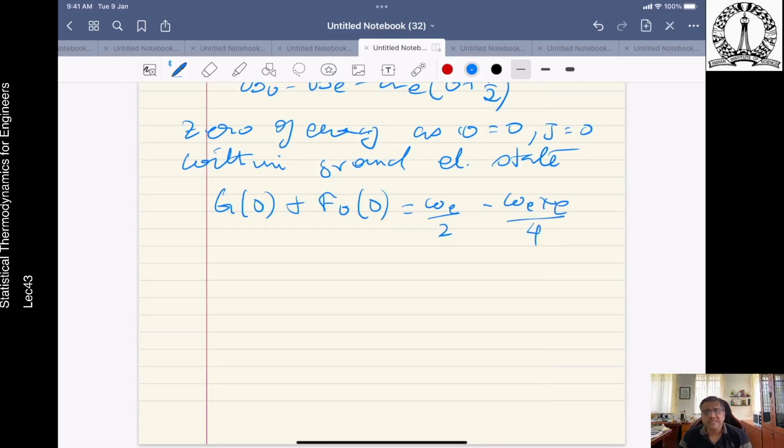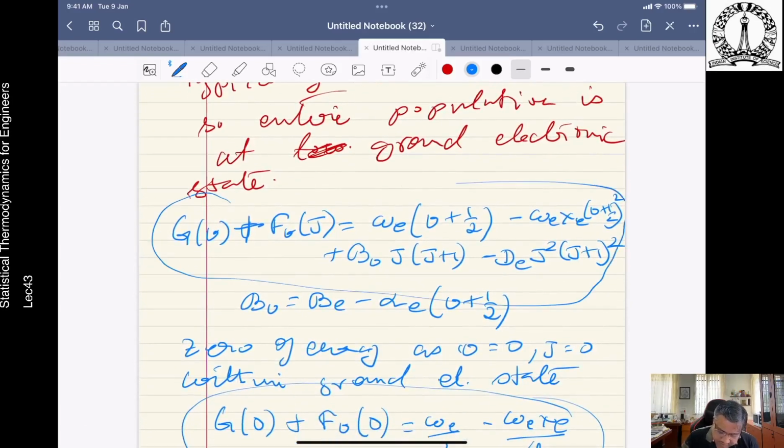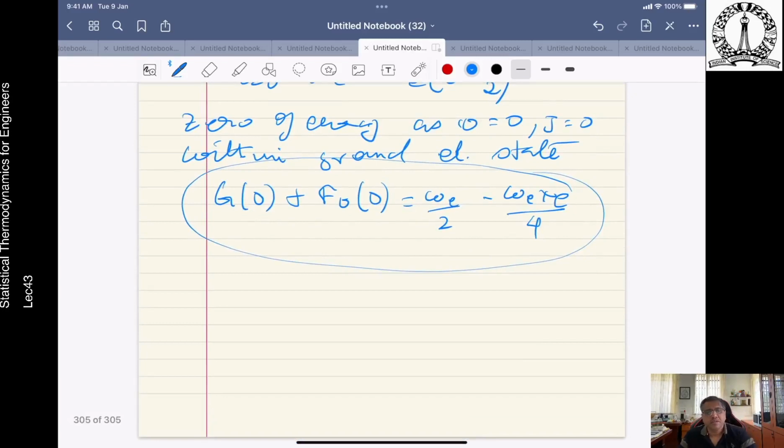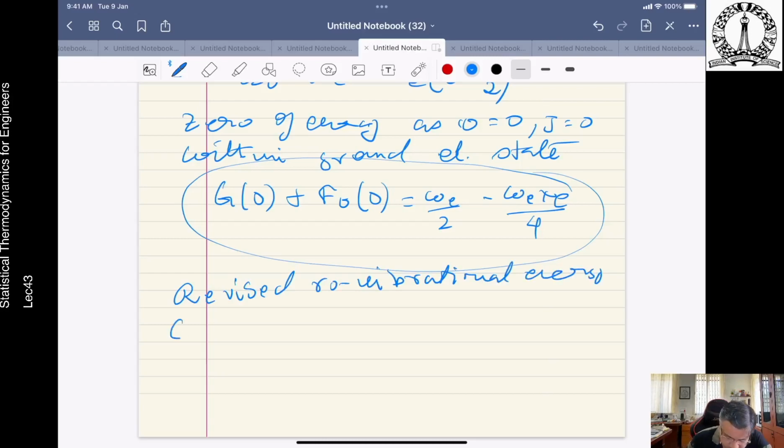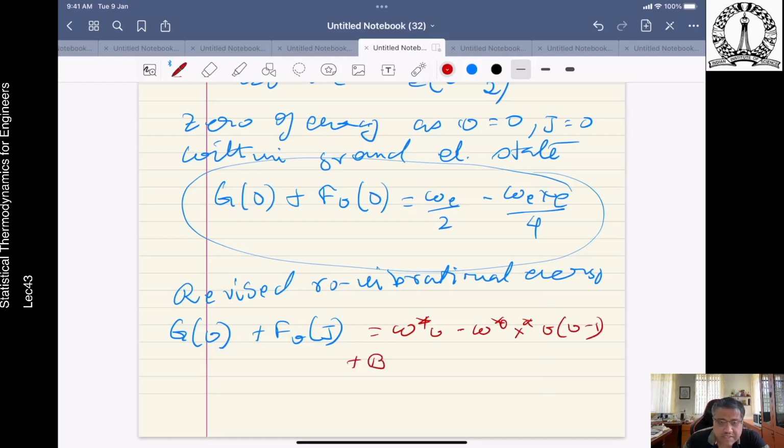Now, if we subtract this from the previous version, we yield the revised ro-vibrational energy, which is G_v plus F_vJ, equal to omega star v minus omega star x star v(v minus 1) plus B star J(J plus 1) minus D_e J square (J plus 1) whole square minus alpha_e v J(J plus 1).